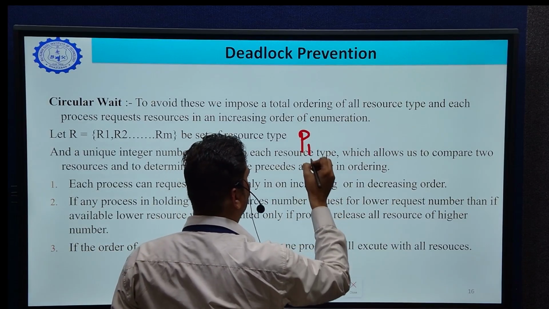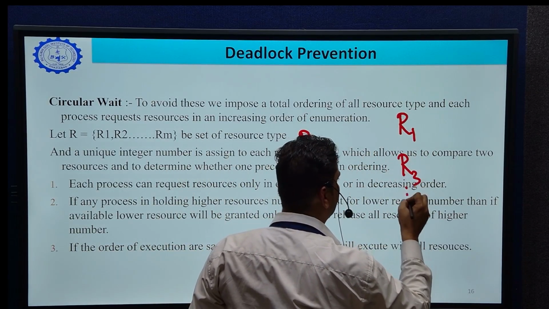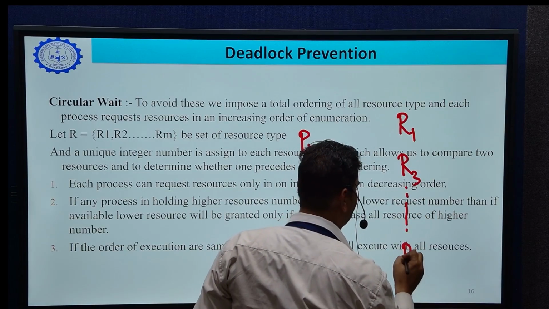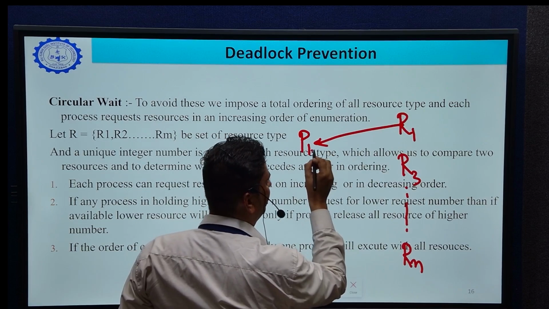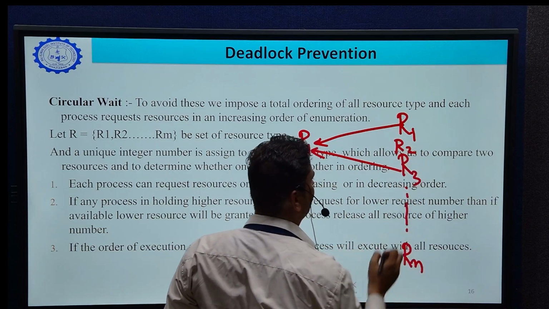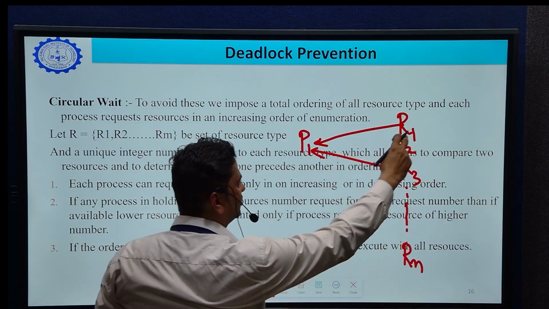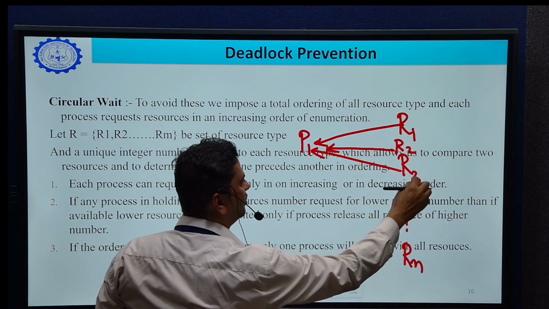Take here process P1, resources R1, R2 and so on up to Rn. Let's suppose R1 is already given, R2 is also given, right? These resources are already held by this process: R1, R2 and R3.